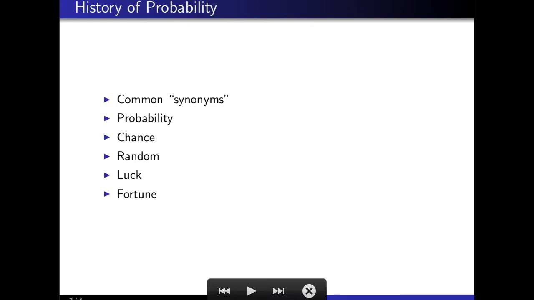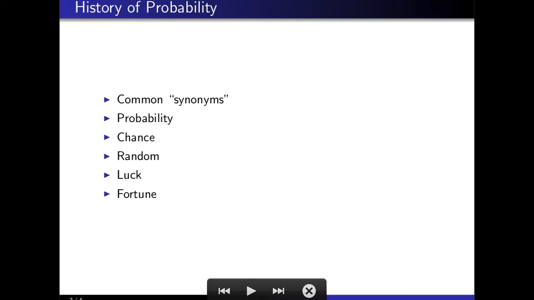Okay, so historically there have been a few somewhat synonymous terms that have been in vogue. The first traditional one that really didn't start arising until, I guess, historically somewhat recently, is probability.